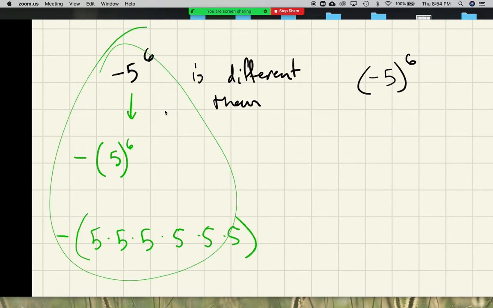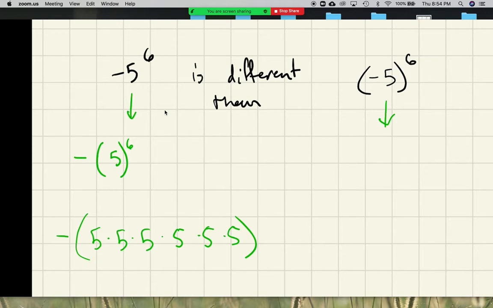All that means the same thing, which is confusing because this one means -5 times -5 times -5 times -5 times -5. And this one does mean, oh yeah, the negative's on the inside.